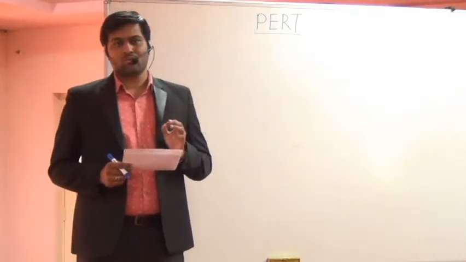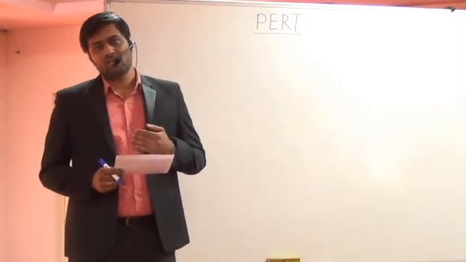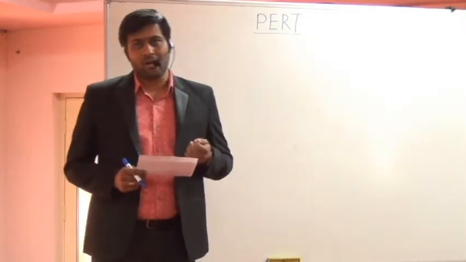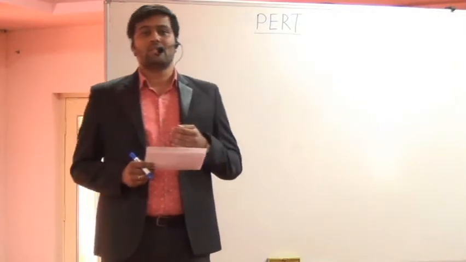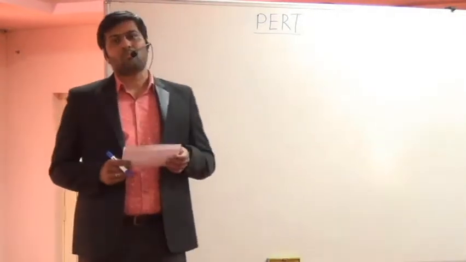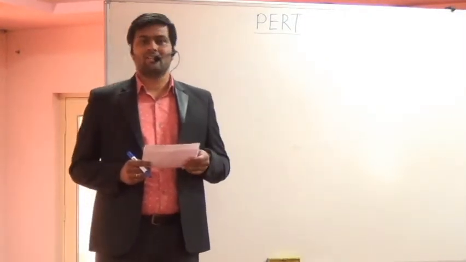While in the case of other types of projects, you don't know the exact time duration and exact resources that you require, so you are working on the basis of probability. That's why this technique is known as a probabilistic technique, while CPM is a deterministic technique.